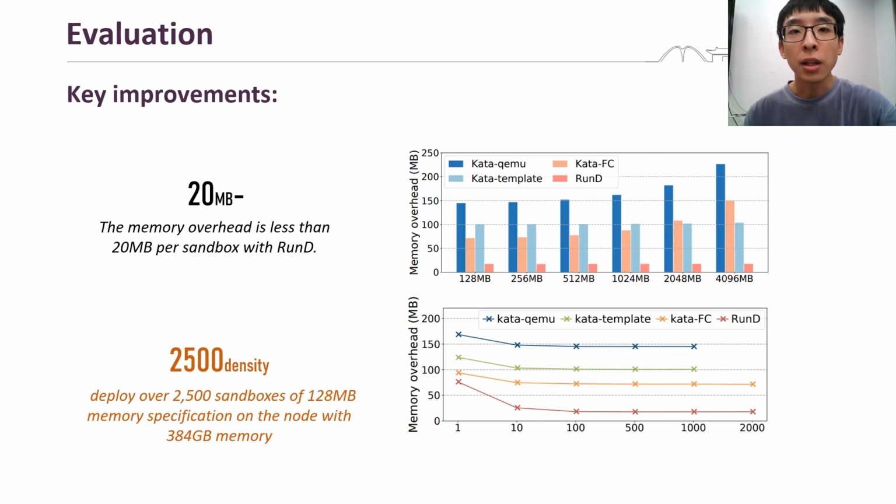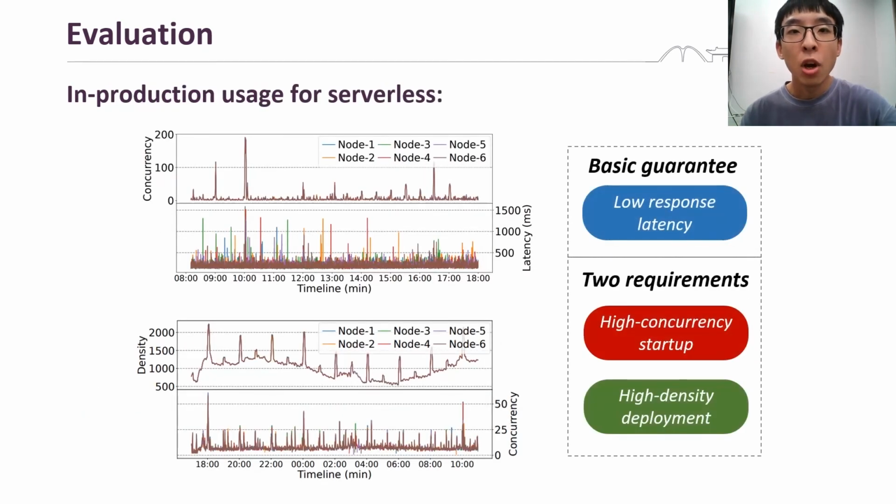The memory overhead is less than 20 MB per sandbox with RunD. It supports deploying over 2,500 sandboxes on the node. We also deploy RunD as Alibaba serverless runtime and verified it in production. It indeed guarantees the low response latency and meets the high concurrency startup and high density deployment requirements.